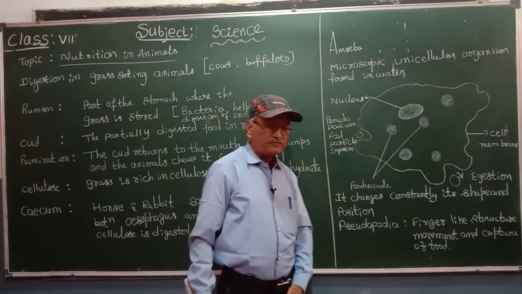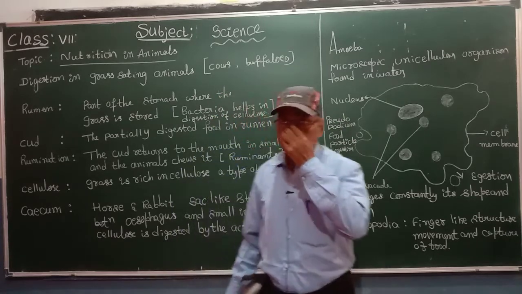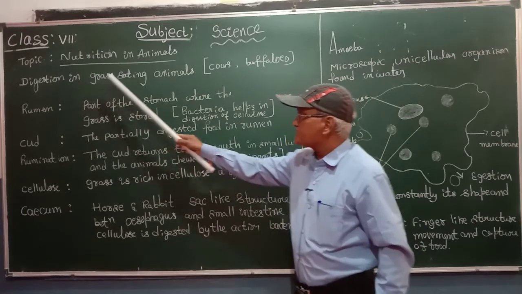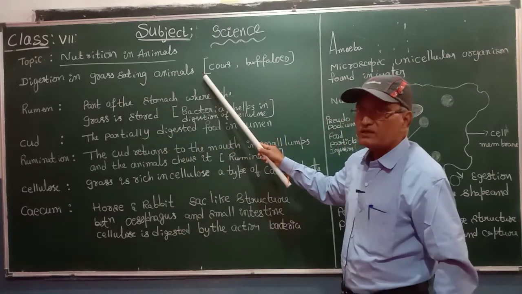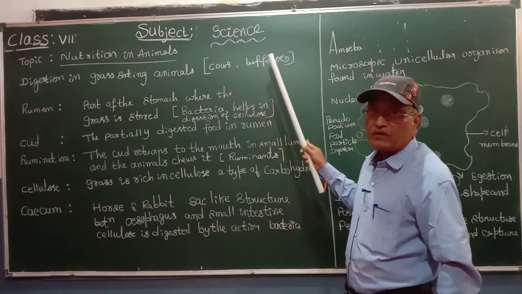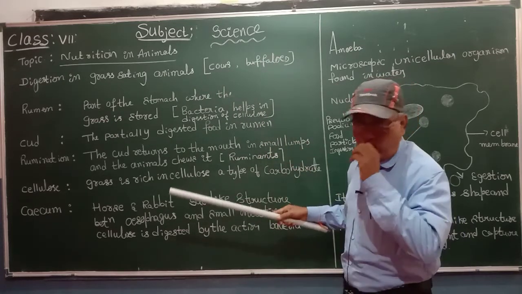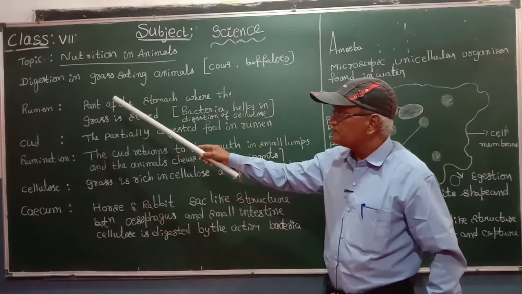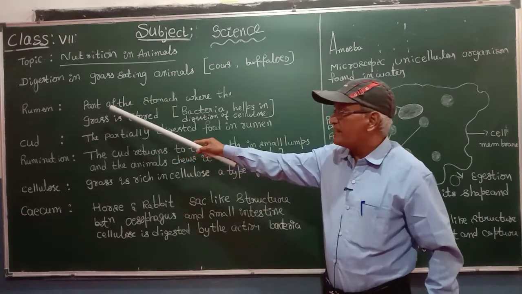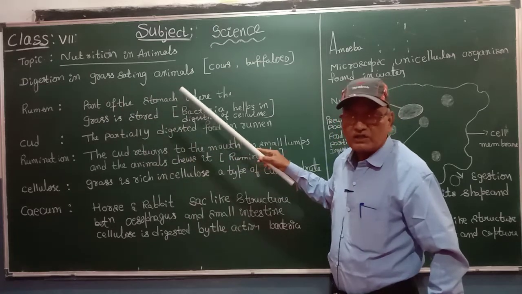Now let us conclude today's lesson. Digestion in grass eating animals. Some examples are cows and buffaloes. What they eat continuously, the grass, remains in the part of the stomach called the rumen.